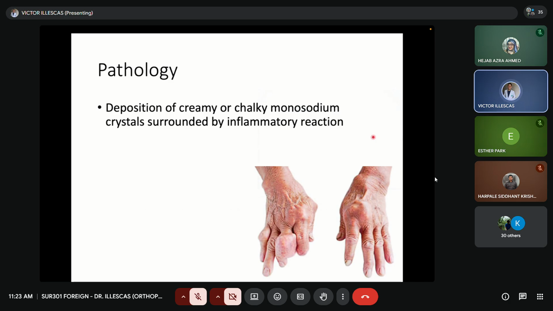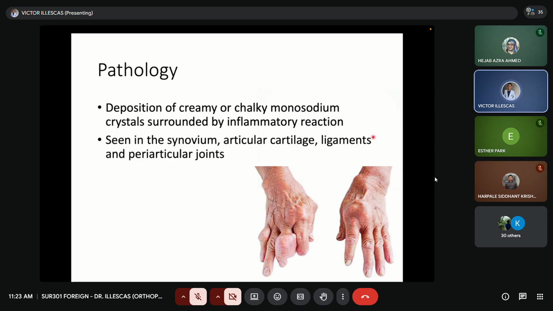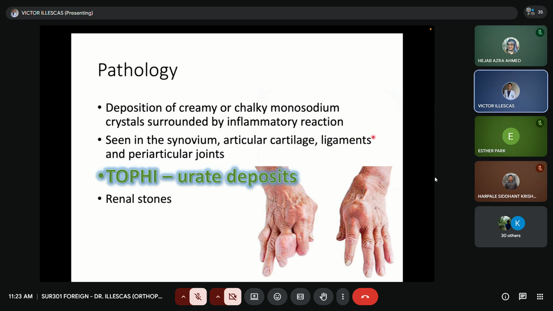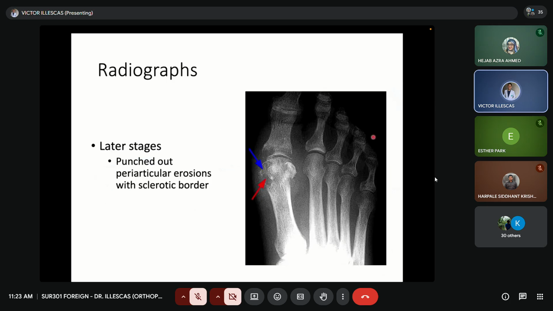You see this with creamy or chalky monosodium urate crystals surrounded by inflammatory reactions seen in the synovium, articular cartilage, ligaments, and periarticular surface. You will see the formation of tophi, which are urate deposits, as we have mentioned. It may also affect kidneys, forming renal stones.